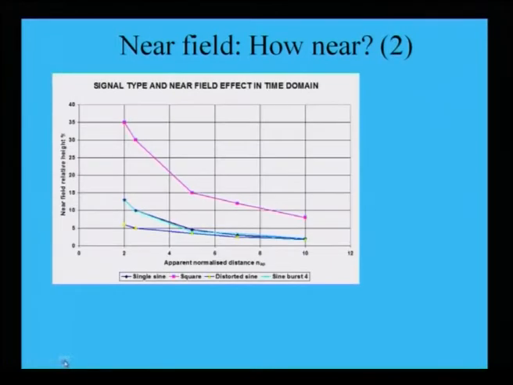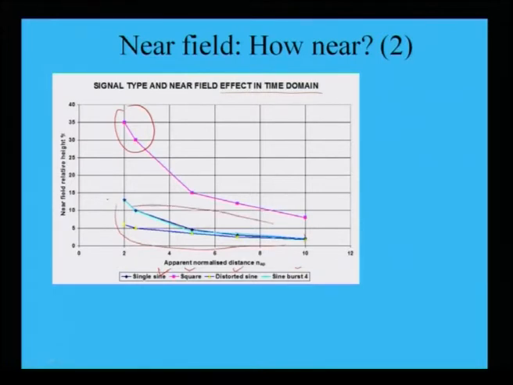This time domain is there. Then how near relates to signal type and near field effect in time domain, you can find it out. The signal is your sine, square, distorted sine, sine brush 4. If you look here, signal type and near field affect the time domain. Signal type means your square signal timing affects your time domain, as per the signal timing, and these are all overlapping.